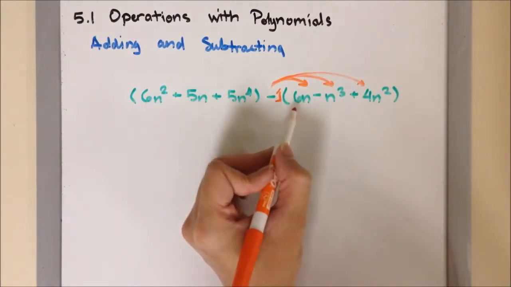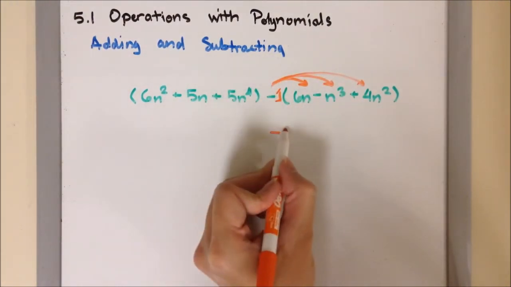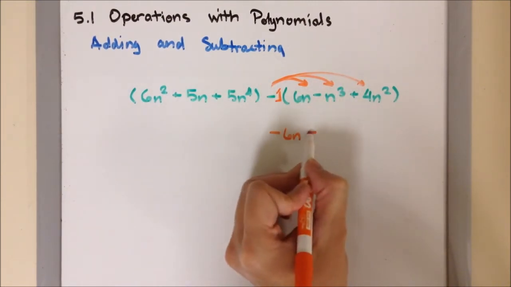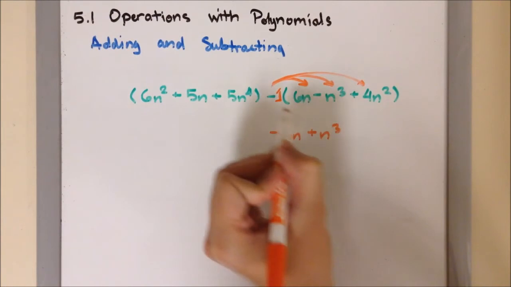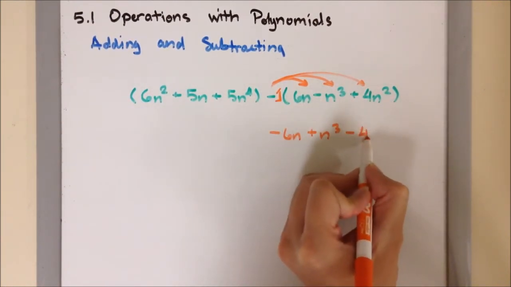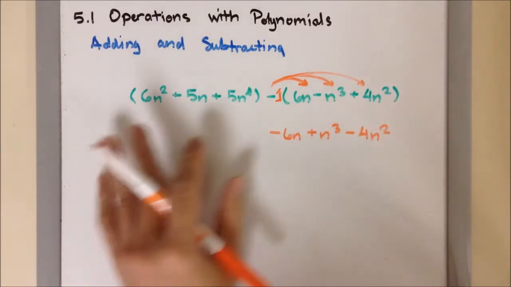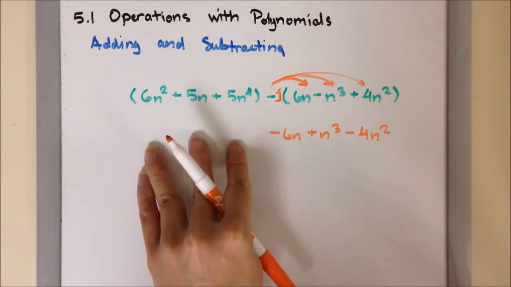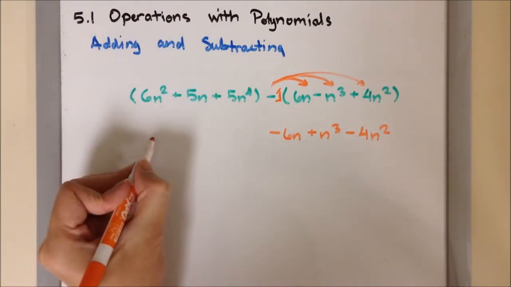Alright, negative 1 times positive 6n will be negative 6n. Negative 1 times negative n to the 3rd will be plus n to the 3rd. Negative 1 times positive 4n squared will be negative 4n squared. And then over here, I didn't have anything except for the invisible 1, so I'm going to bring down the inside, let go of the parenthesis.